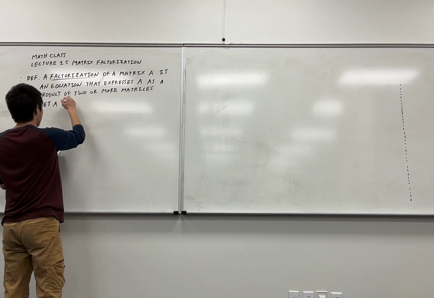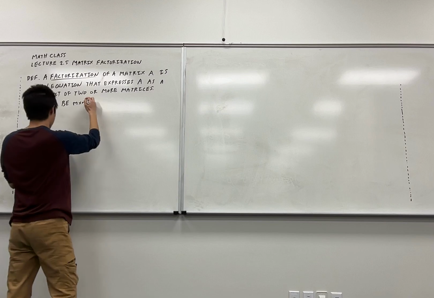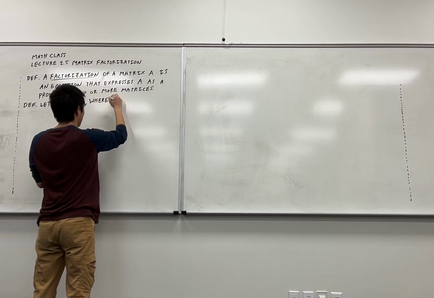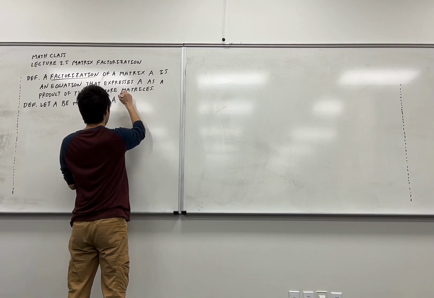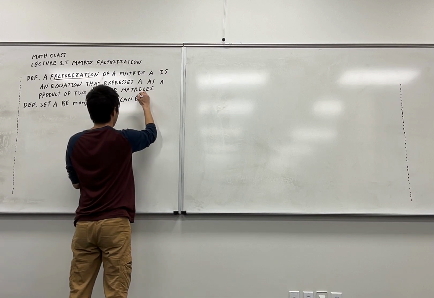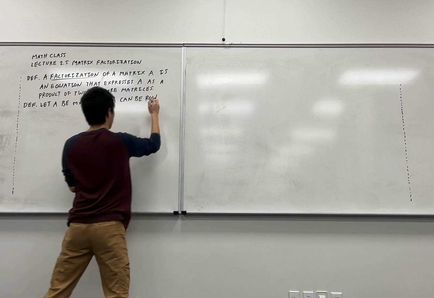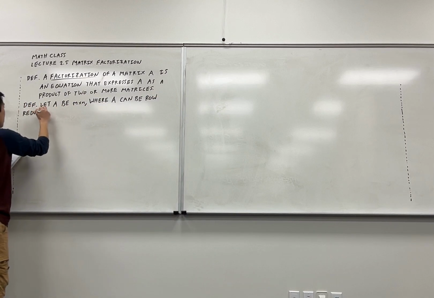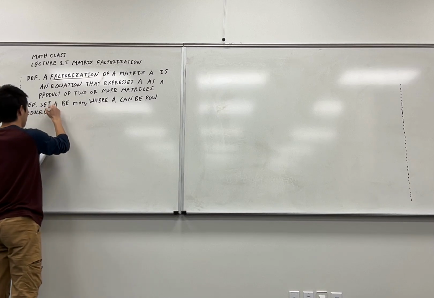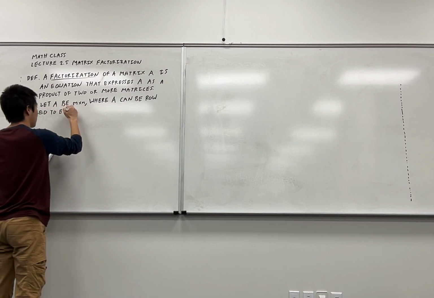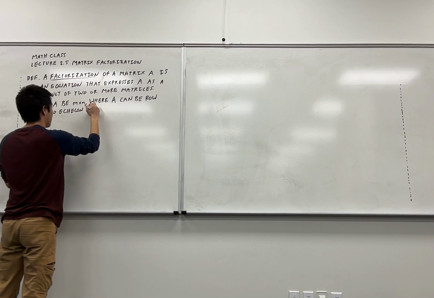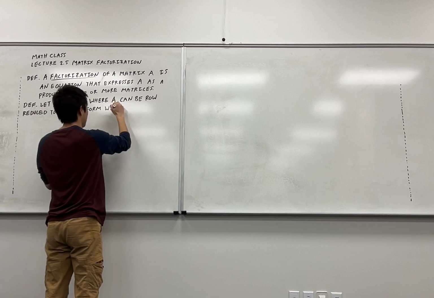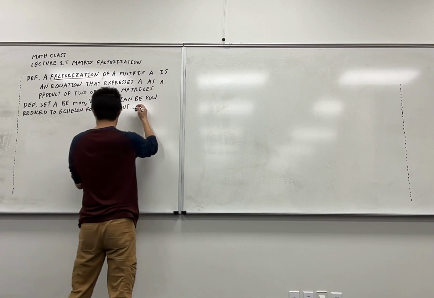Let A be m by n, where A can be row reduced to echelon form, so there's a math vocabulary term, without row interchanges.